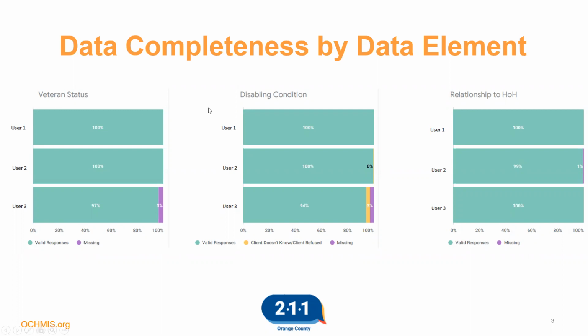Would you agree? Yeah, so this one will drill down a little bit more and give you easier at a glance. And so, yeah, if a user is struggling in one area more than another, one data element more than another, this would be really helpful for that.